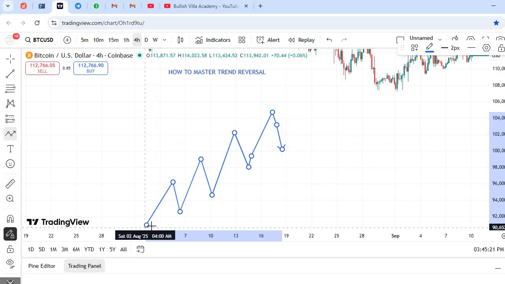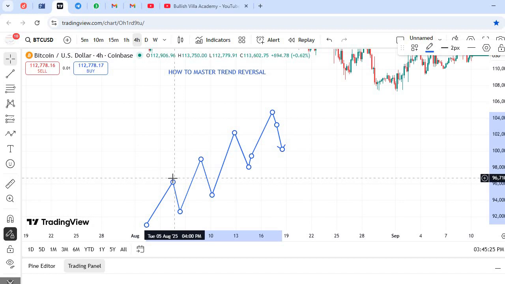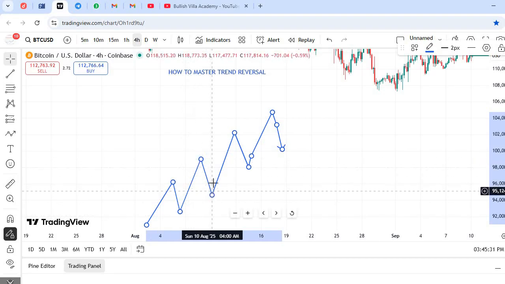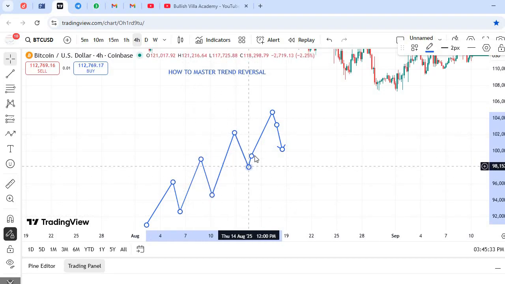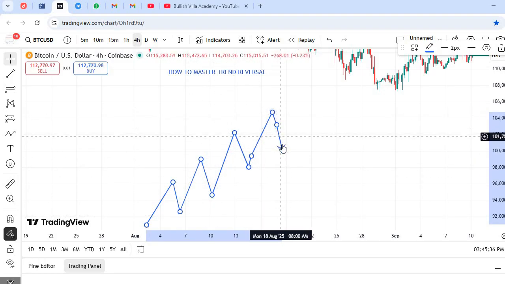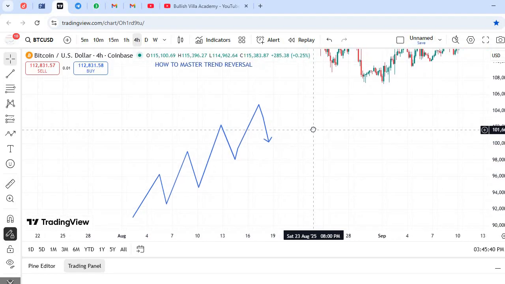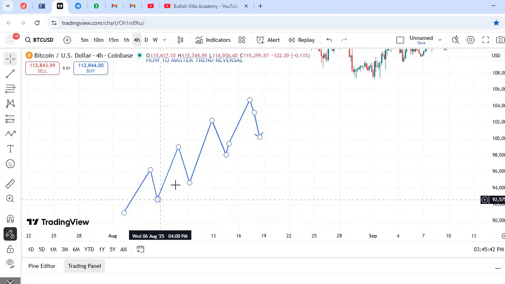The movement from this low to this high is called impulse. Movement from this high to this low is called retracement or correction. Impulse, correction, impulse, correction. We also have another impulse and correction. Now, we'll say we are in an uptrend. Understand? We are actually in an uptrend.